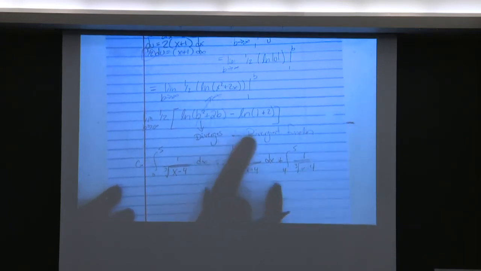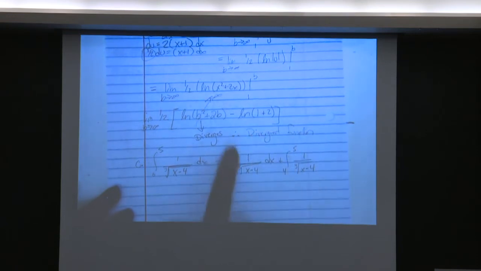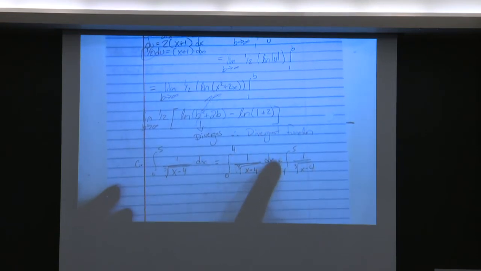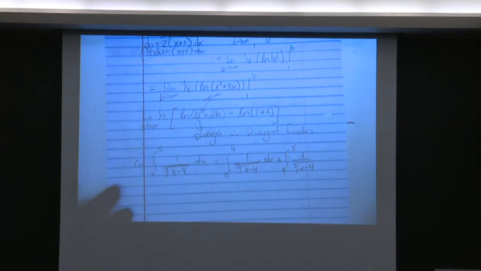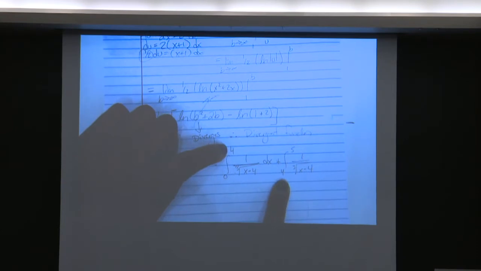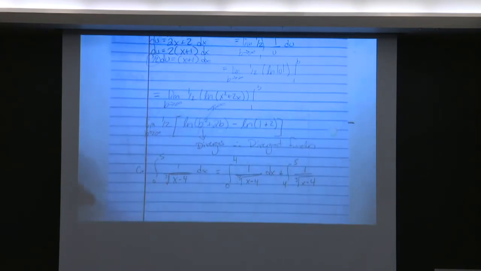This is how we have to split it up because it's undefined at this point. Now, if it were undefined at 2 points, then you would end up doing 3 integrals, with your bounds being the points where it's undefined.